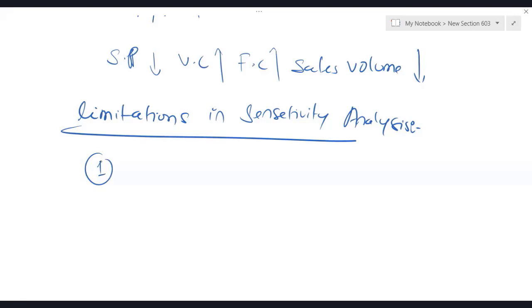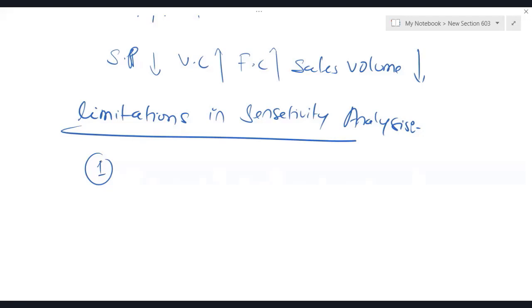Because if you are saying the selling price reduces by 2% and NPV becomes zero, or the selling price reduces by 5% and NPV becomes zero, then the law of demand says that if the selling price is reduced, then sales volume should increase. So why is sales volume not increasing?